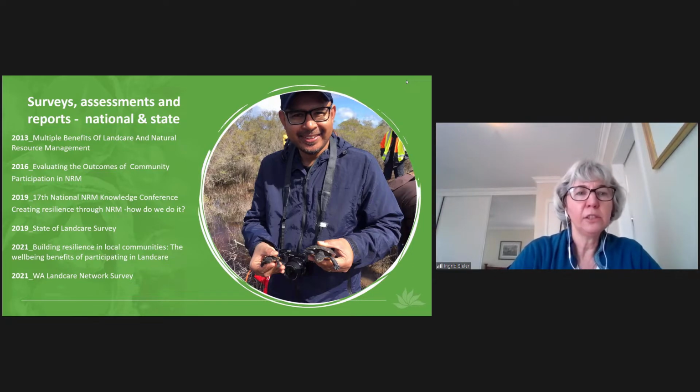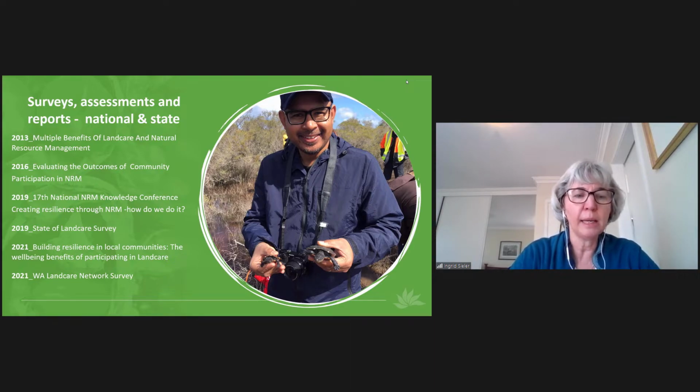This slide here just shows the extent of, I suppose, research and reports that have been undertaken and that we're using as part of our next round of community capacity assessment. So we've got the ones all the way from back in 2013 about the benefits of Landcare, right through to the wellbeing report that a number of presentations are on.